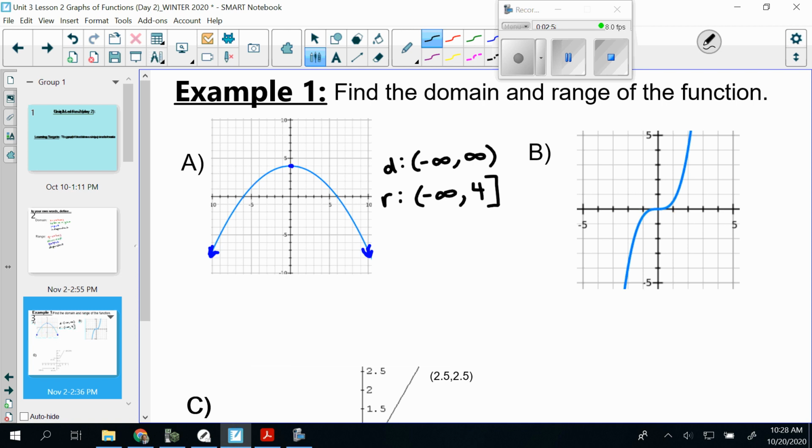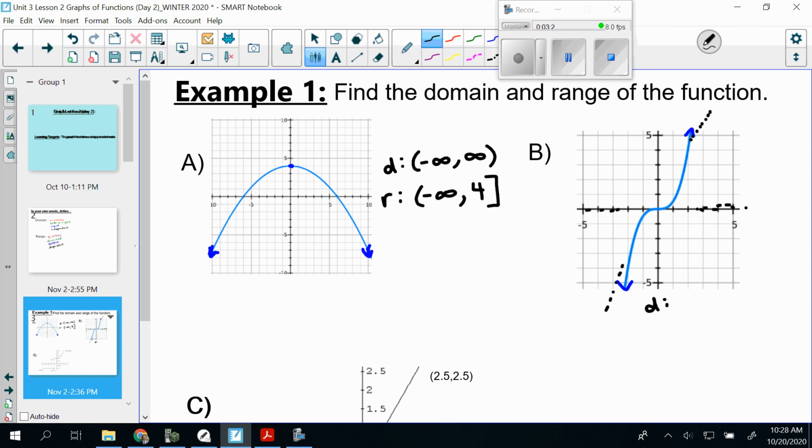Let's look at B. B, let's also assume keeps going here. Left to right here, will we have all our values for our domain? Well, it's not moving very fast, but this is going to go over here as we go up. So we should hit all the values along here. Same with this one. This one is going down.